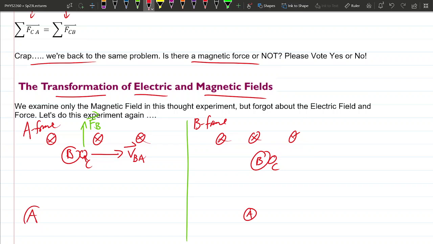In fact, Alex is moving backward with velocity negative v_BA, because you can tell that relative to each other. So there has to be a force being exerted on this charge, and since the charge is not moving, the only thing we have left is the electric field. So there has to be some sort of electric field that's exactly the same as the magnetic force, because Brittany will also feel the same levitation on that charge.